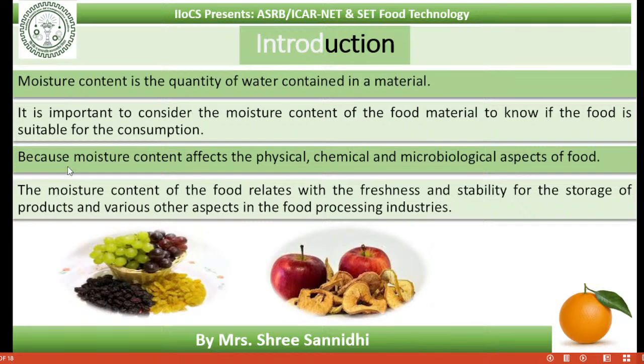How? Because moisture content affects the physical, chemical and microbiological aspects of food. The moisture content of the food relates with the freshness and stability for the storage of products and various other aspects in the food processing industry.